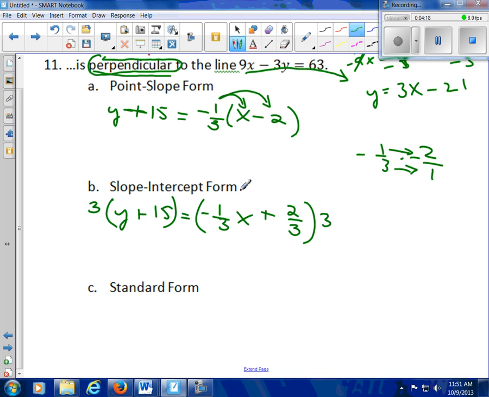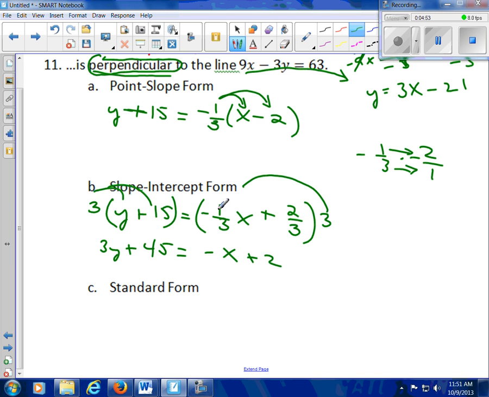I'm multiplying both sides of my equation by that 3. So I've got 3 times y, 3 times 15. And then on the right-hand side, I'm going to get negative x plus 2. 3 will cross cancel into 3 one time. 1 times 1 is going to give me a 1 in front of the x. 3 into 3 cross cancels into 1. 1 times 2 is 2. Just don't ignore the signs.